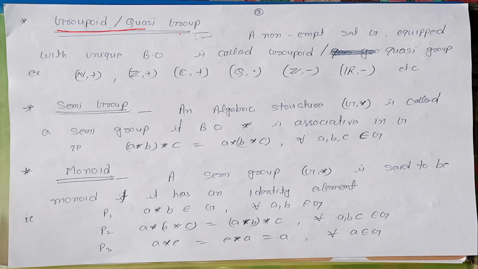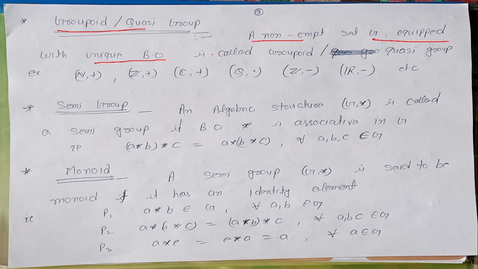How can we define a group? So what is a groupoid? A non-empty set G is said to be a groupoid with a unique binary operation. Sometimes a binary operation is also referred to as the closure property.